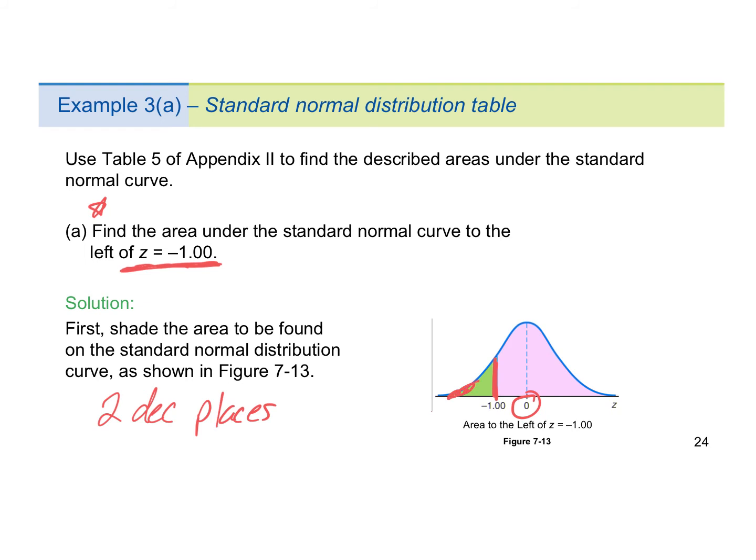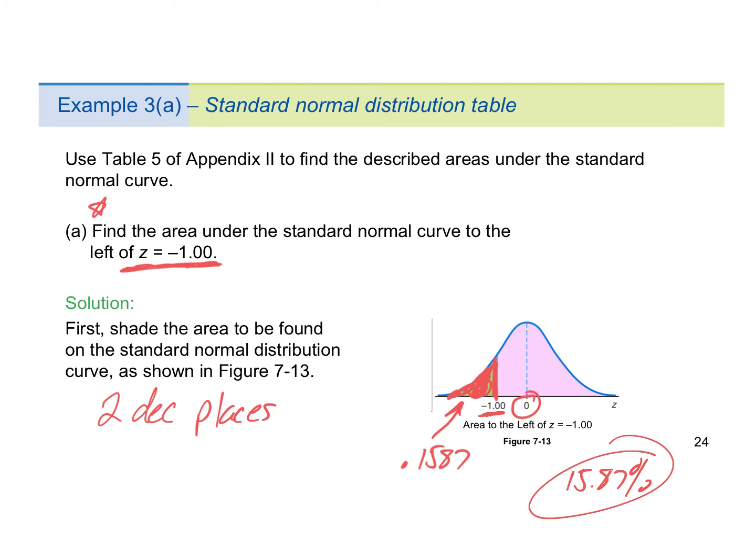So we're looking for the area right here in the green. The area to the left is 0.1587. So basically 15.87% of the data will fall to the left of a standard value of negative 1.0.